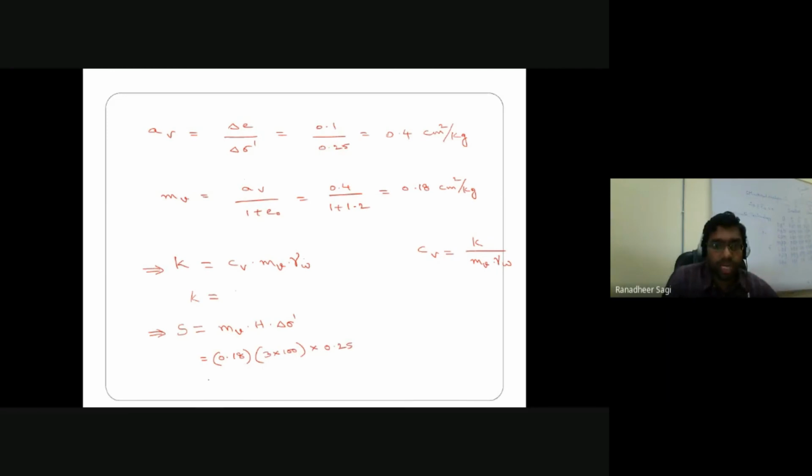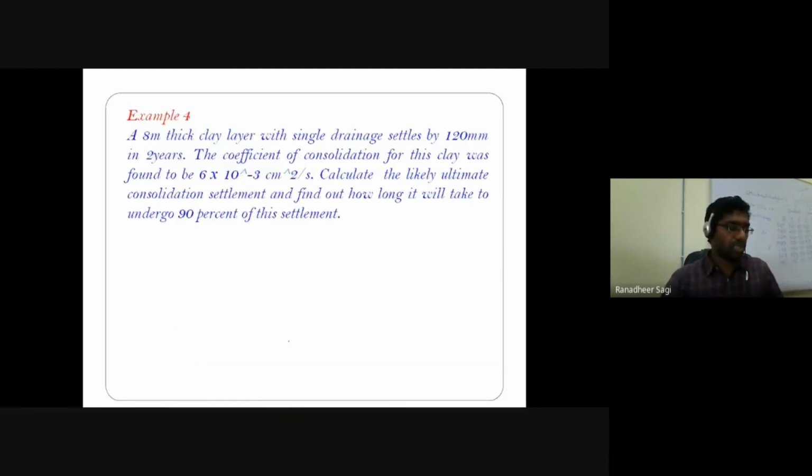If I calculate, I get 13.5 centimeters. So in the real field, with that much stress increment, you are going to have a settlement equal to 13.5 centimeters for the clay layer of 3 meter thickness. That's how we calculate the settlement in the soil.